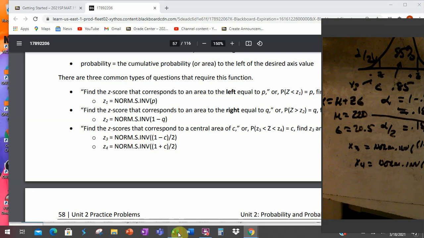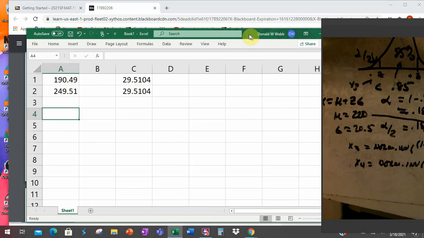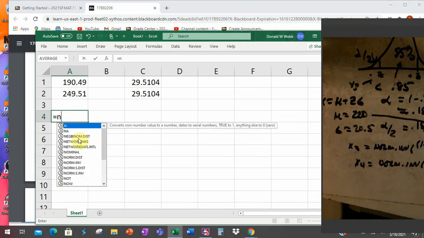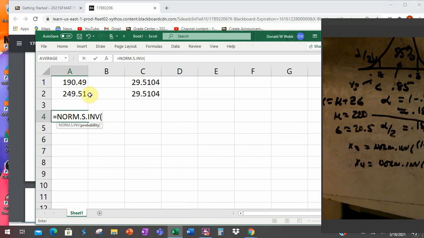Let me go back in. So if I did this one, again, we said equals norm.s.inverse. So we had the probability to the left. If I did the 0.85, I would do 1 minus 0.85 divided by 2, and it gives me that z-score.